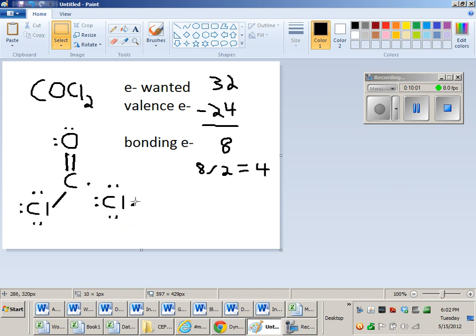So here goes. If I just share an electron from each and make a bond, then I would end up having that structure. And this structure works. So all the octets are complete. This carbon has 8 bonding electrons around it, so it has a complete octet. All the other elements have a complete octet.